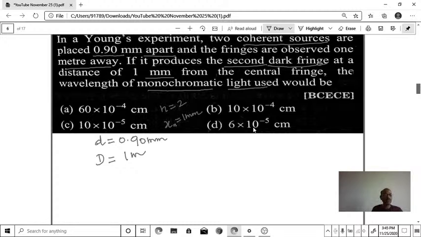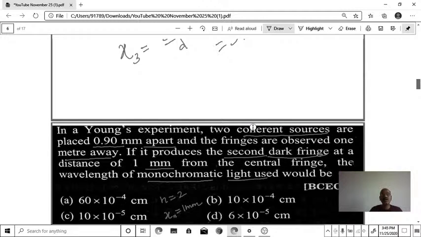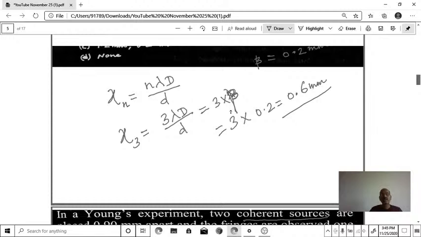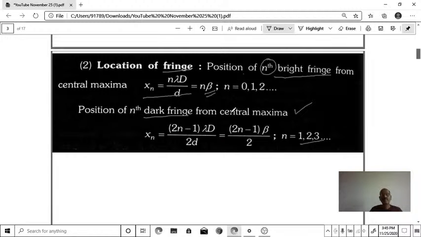Now, dark fringe, as we all know, the distance of the nth dark fringe, x to the base n. Can you remember? Distance of the nth dark fringe is 2n minus 1 into lambda D by 2d, right?